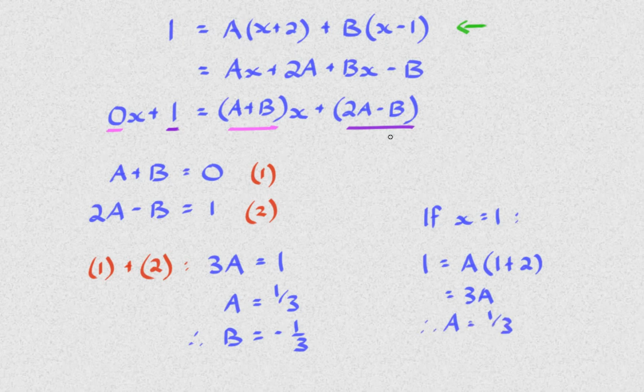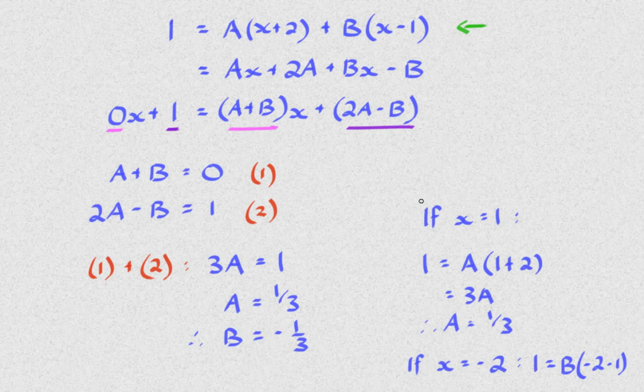And likewise, if we choose -2, if x is equal to -2, then this disappears, right? -2 plus 2 is 0, so this whole term here disappears, and we have that 1 is equal to b times -2 minus 1, or -3 lots of b gives 1, and so likewise we can come up with b equals minus a third.